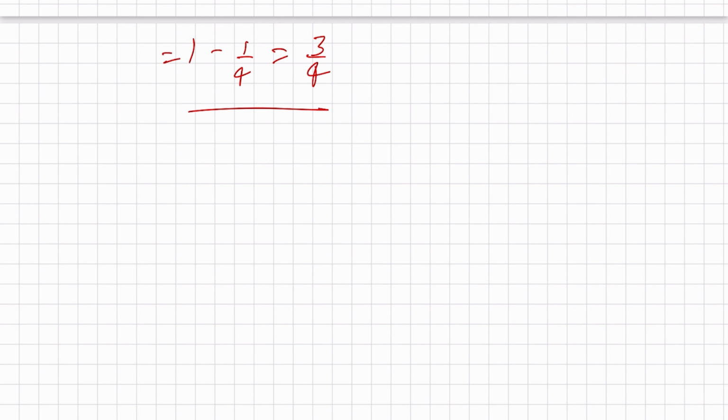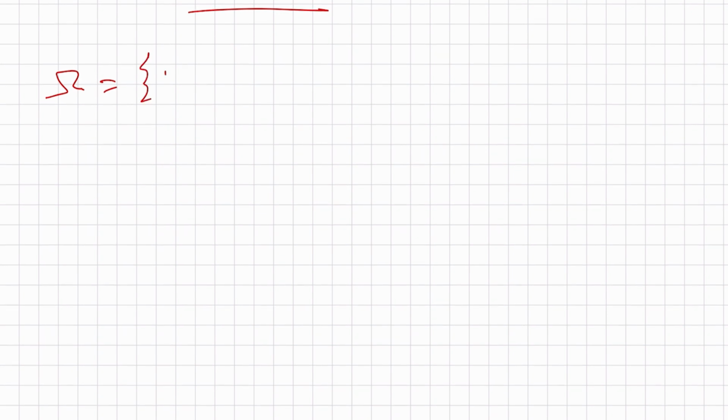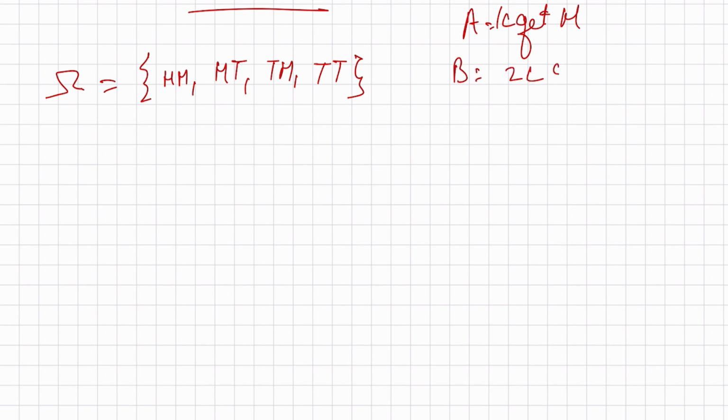Now let's also understand intuitively that this is true. If you remember, the sample space for two coin tosses was heads heads, heads tails, tails heads, and tails tails. Our event A is the first coin gets heads, and B is the second coin gets heads. Now let's see in which possible outcomes A or B is happening.